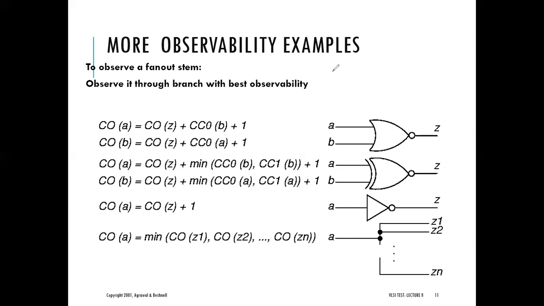In case of the XNOR, Z is equal to A XNOR B. If you put B equal to 1, you have two choices again: B equal to 1 and B equal to 0.